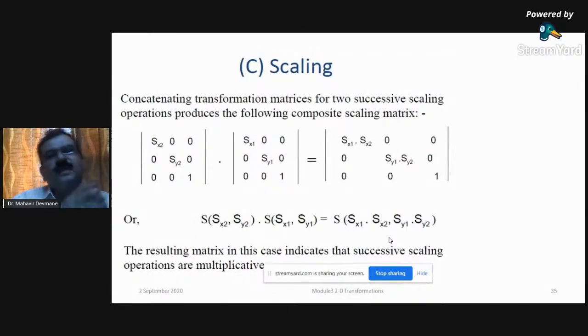Then when we scale it with Sx equal to 2, it will become a rectangle with x length 2 units. When we apply scaling again on that with Sx equal to 3, right? The previous size is 2 into 3. That's why it will become a rectangle with length in x direction 6 units. Correct? So scaling is multiplicative.